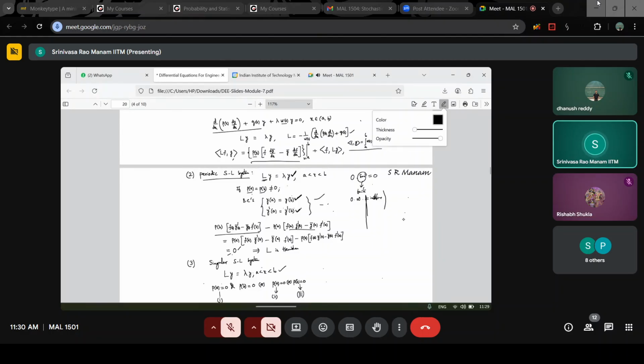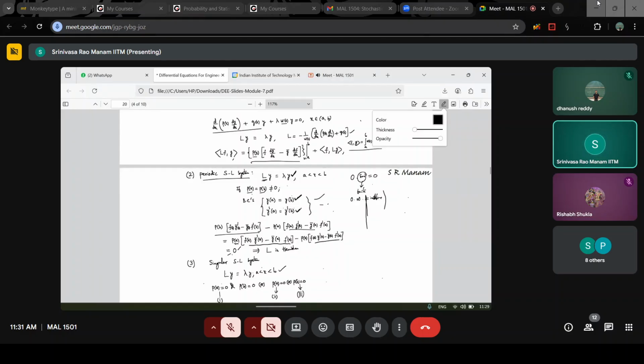P of A is not equal to 0. But using these conditions, y at A and y at B, f at A, g at A, this term alone won't vanish, but together it is 0, because f at A and f at B are both the same, no?